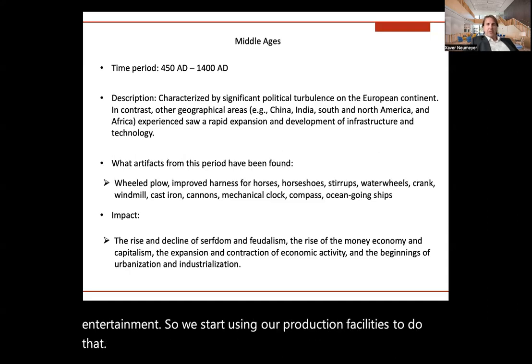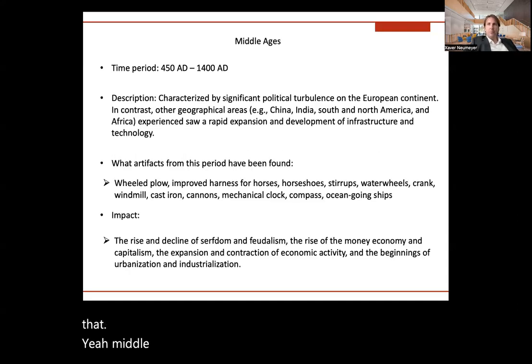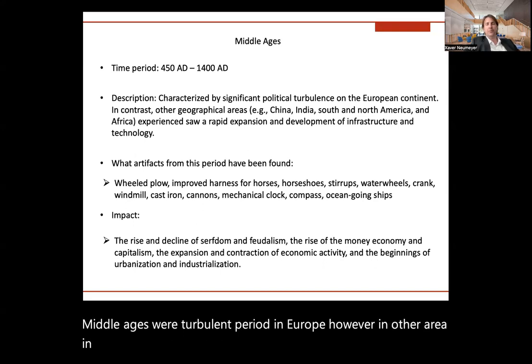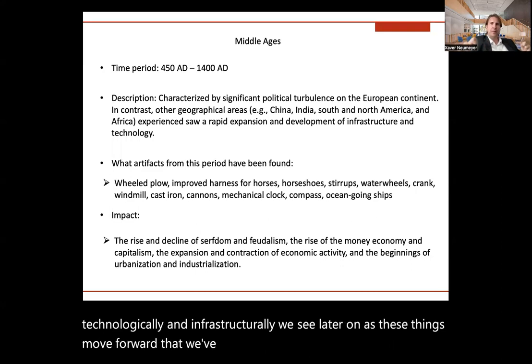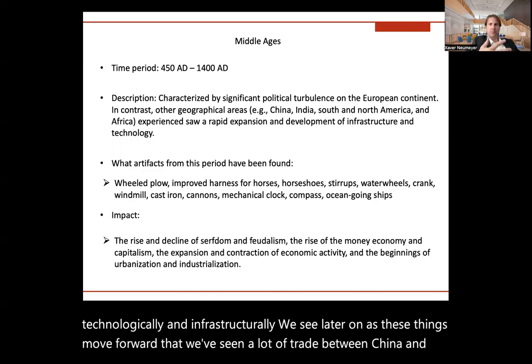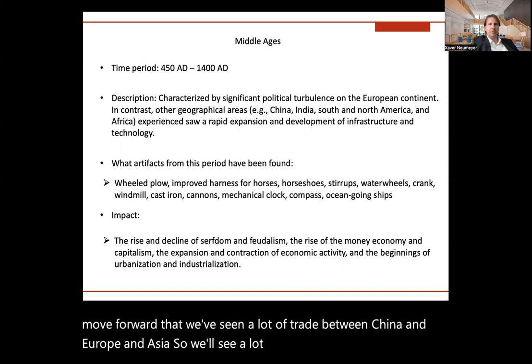Yeah, the Middle Ages were a turbulent period in Europe. However, in other geographical areas, we've seen some major developments technologically and infrastructurally. We see later on, as these things move forward, a lot of trade between China, Europe, and Asia. So we'll see a lot of technology development here.